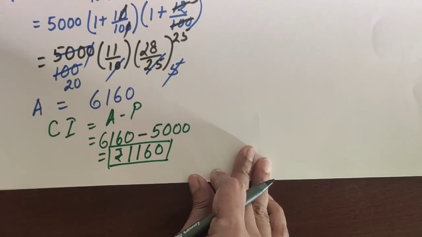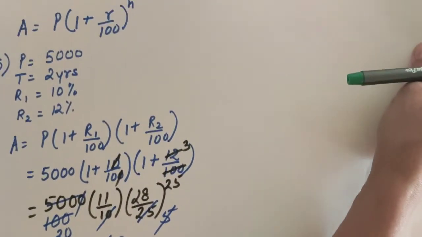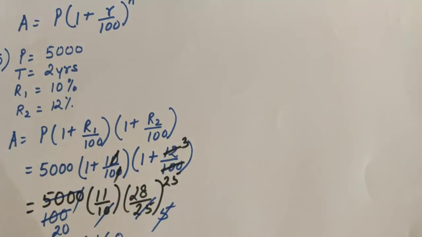So whenever they have asked you at the end of the period, it is easier to use the formula. And when it is asked, like every year you have to show the interest, and they have asked you to find out the principal and show it, then you have to use the simple interest formula.